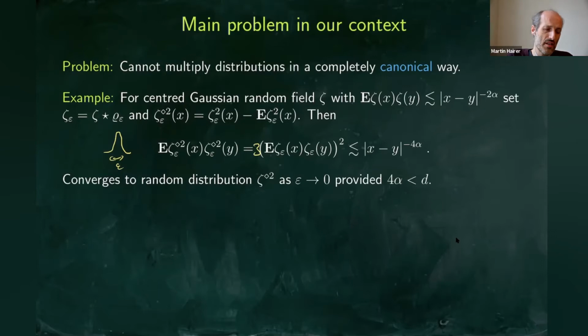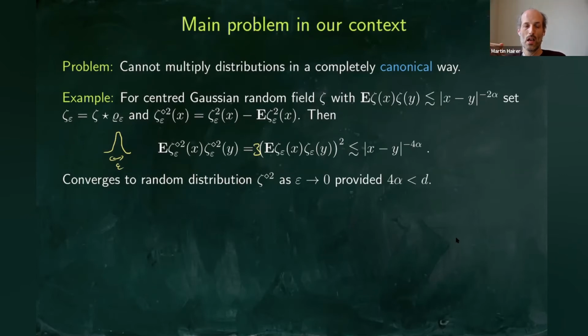And what you see is that, since the singularity of that new random distribution is twice as strong as that of the old one, you would guess, and you would be correct, that if you try to measure the regularity of that random distribution, you'll find out that it lives in C to the minus 2 alpha minus delta, for every positive delta.